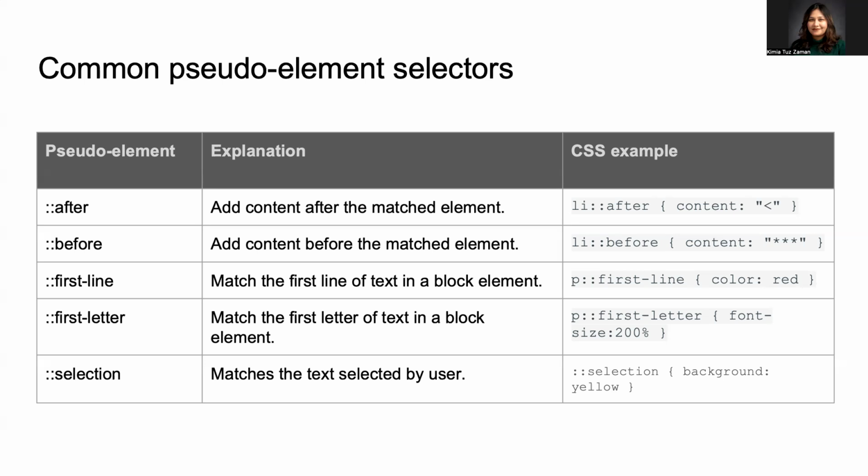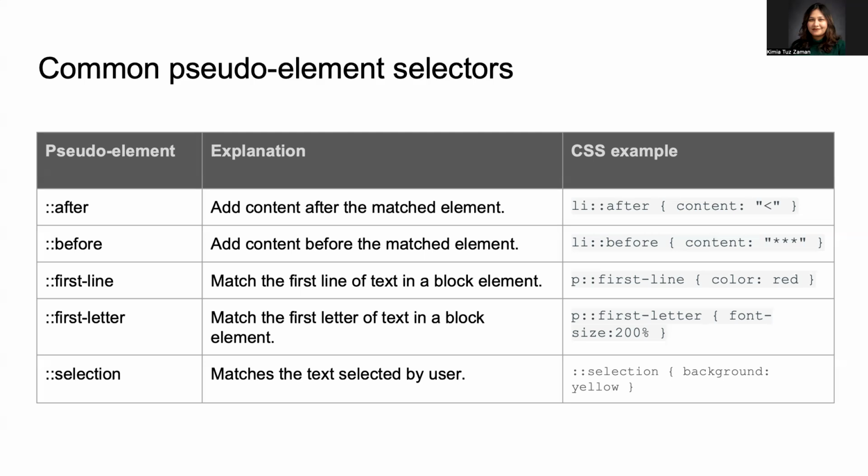The ::first-line selector applies styles to the first line of text inside a block element, for example, a paragraph. The ::first-letter selector targets only the first letter of a block, and if you set the font size to 2000%, it will make the first letter of the specified blocks, like a paragraph, bigger.